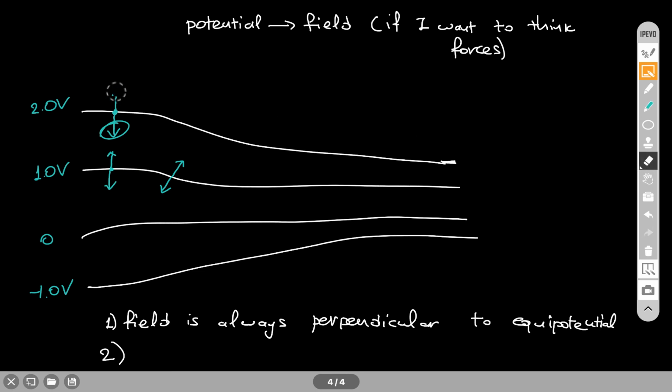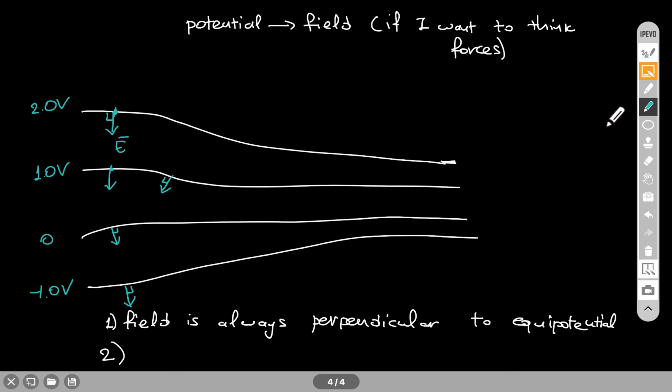So I do have to erase this, and I'm going to do it again from the beginning. My electric field is actually this one, perpendicular to the equipotential line, and if you move in the direction of the electric field, you are decreasing the potential. So here it's going to be something like this, and then here something like that. Always perpendicular to the line, and if you move in the direction of E, you will decrease potential.